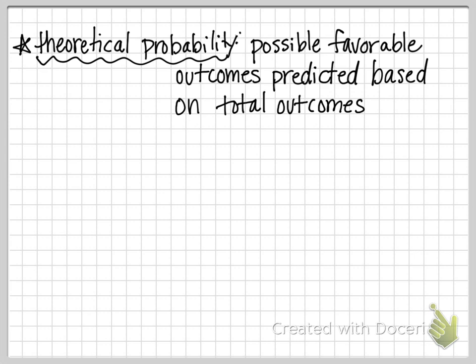Because you have 1 on each side. 1 out of 2 sides is heads, 1 out of 2 sides is tails. So you would expect that 50% of the time, theoretically, without doing the experiment. You predict based on the total number of outcomes as compared to the number of possible events.